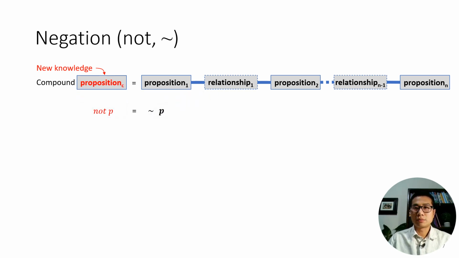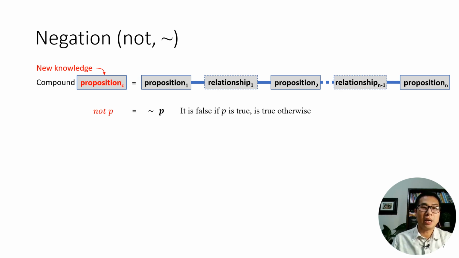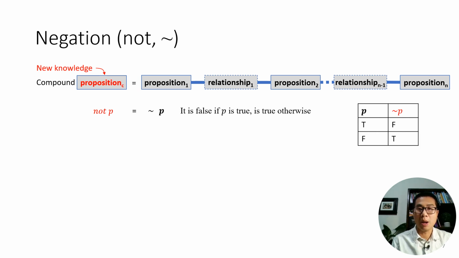A NOT operation operates on one proposition P and is called not P. It is defined as false if P is true, and true otherwise. So it just negates the value. That's why we have the truth table for it here, with P and the corresponding not P. If P is true, then it's false. If P is false, then it is true.